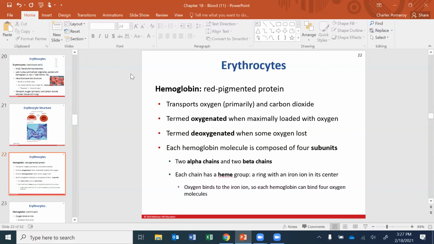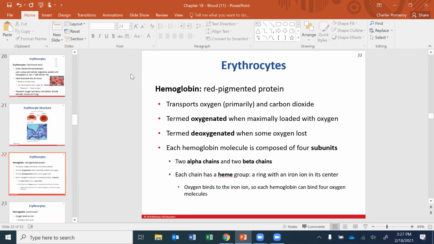It could still be 70% saturated with oxygen. When you say oxygen poor, it makes you think there's hardly any oxygen. That's not the case. There's just less oxygen than there was. So oxygenated and deoxygenated is a better, more accurate way to describe blood instead of oxygen rich and oxygen poor.